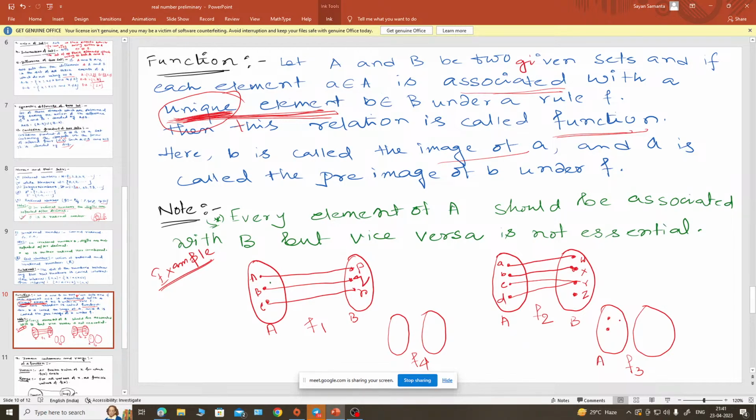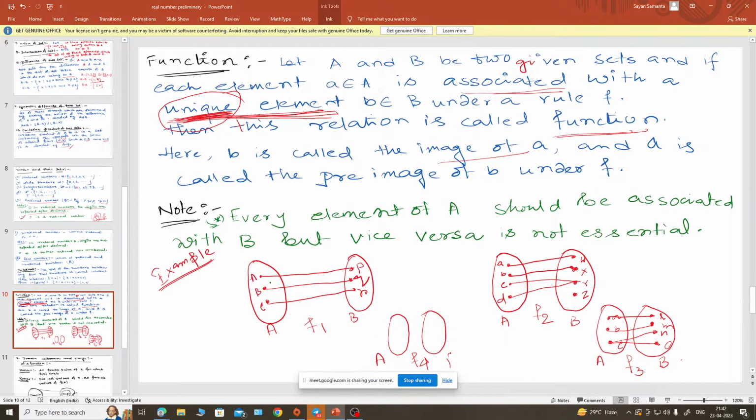Here A set has three elements, we can call them A, B, C, and here four elements exist, and we can say that this is set B. A maps to L, B maps to M, and C where two sides map, C sometimes N and sometimes O. This is another way we can define this type of relation.